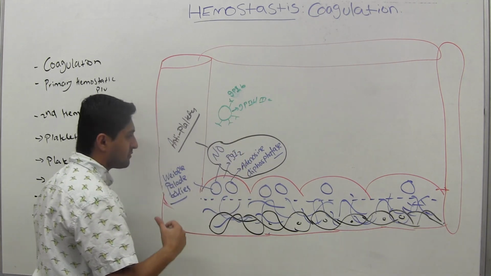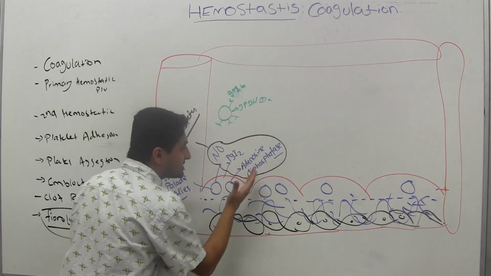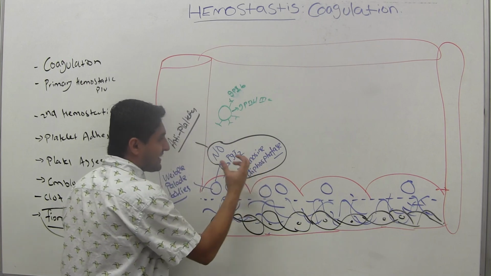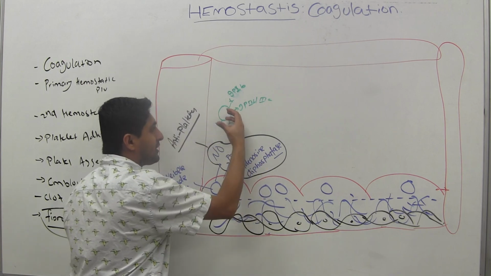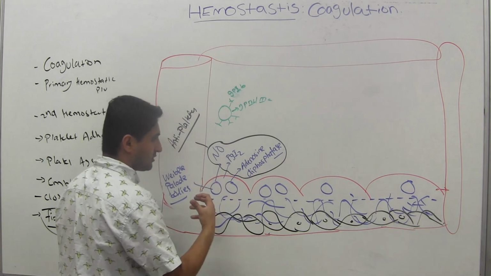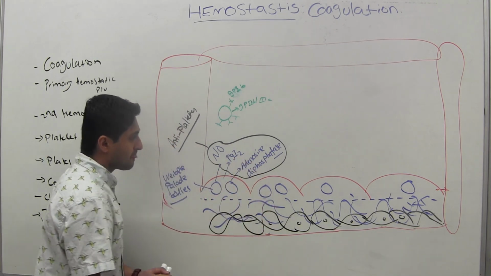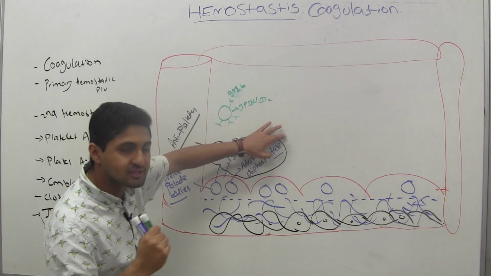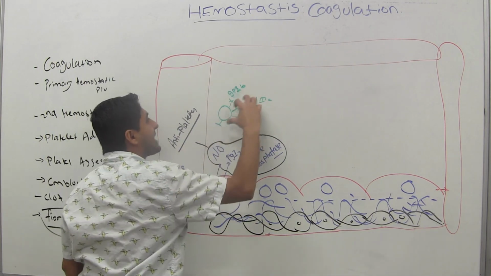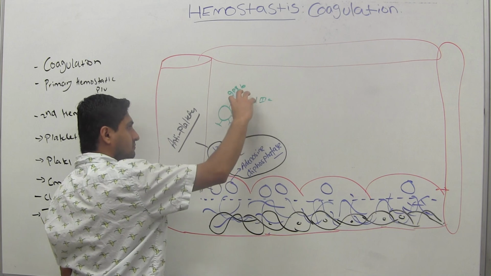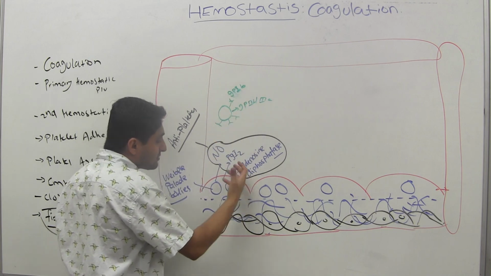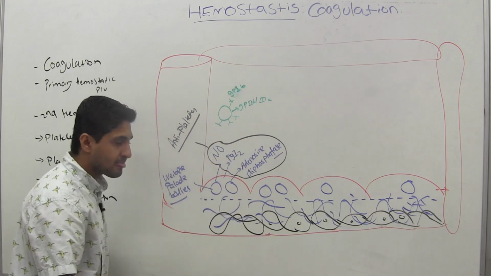Because remember, guys, ADP, adenosine diphosphate, favors platelet aggregation, right? But this adenosine diphosphatase breaks down the phosphate from there, because that's why it's phosphatase. Because of that, it inactivates this receptor, so these guys will not be able to bind to it.